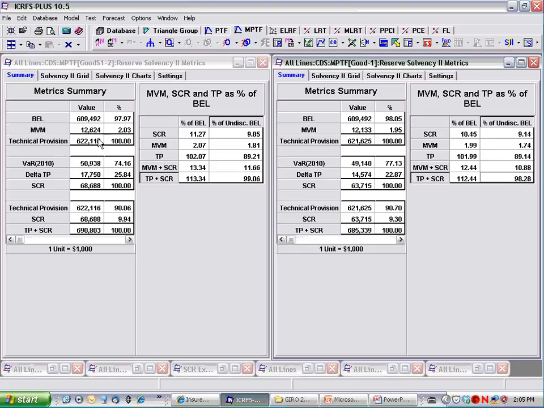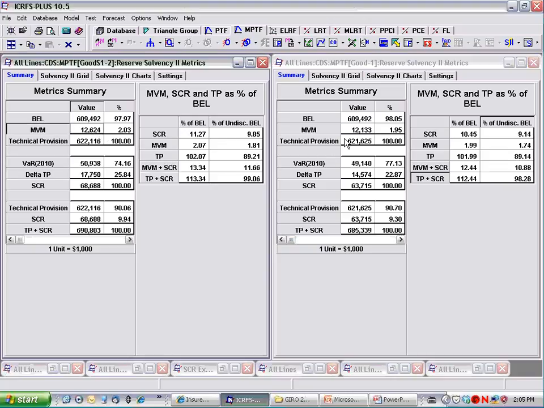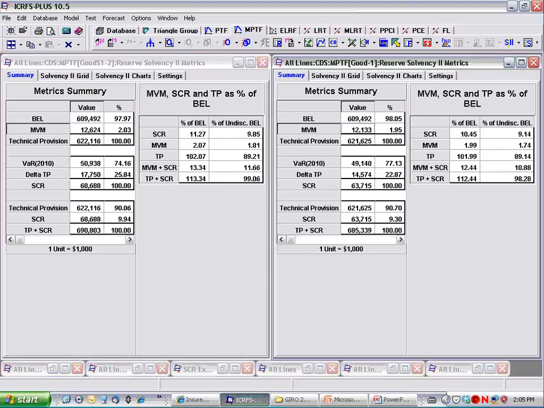What about the actual MVM? The market value margin is 12,624 versus 12,133. So when you make the LOBs non-fungible, we're not talking here about a hell of a lot of money as a percentage of the total capital at inception.